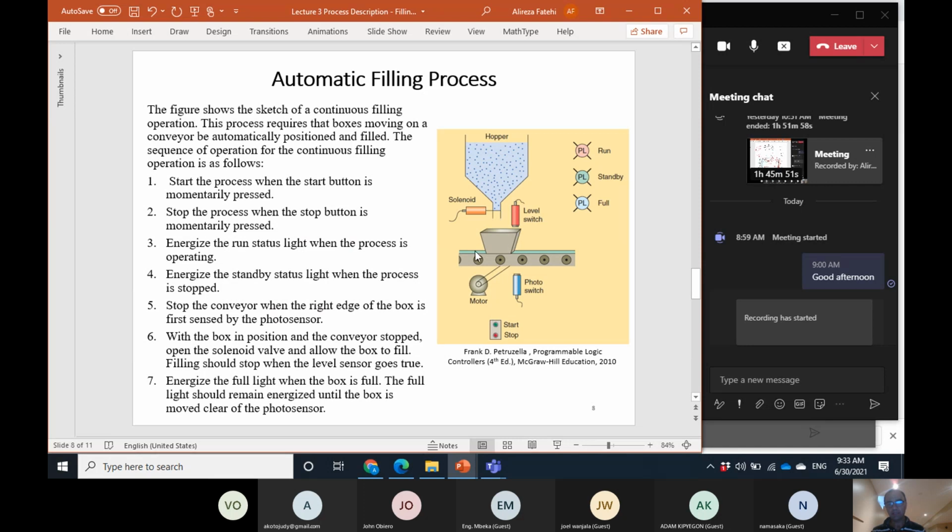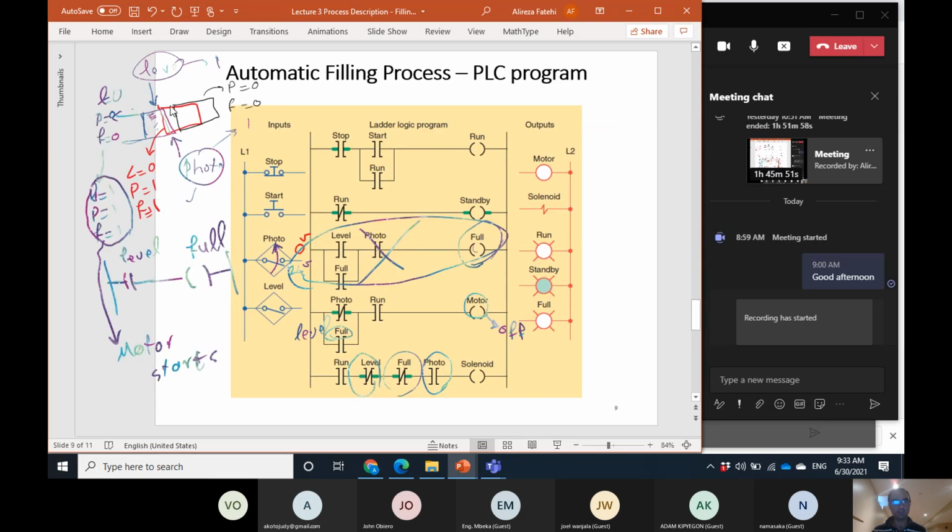Or what will happen if when the box was somewhere around here, for example, at this point, somebody pushed the stop push button, and then after a while, start that. Does this program still work? I don't know, really. I didn't analyze that myself to be sure that this works in this scenario, but this is a possible scenario.